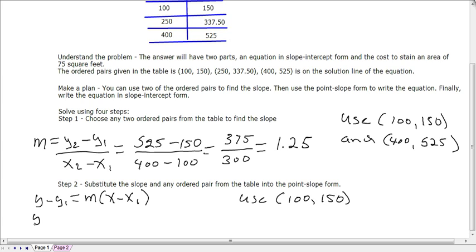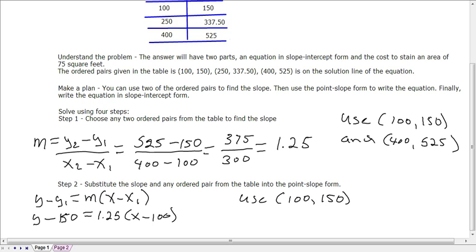Let's substitute here: y minus 150, and I'm just pulling the ordered pair, is equal to our slope 1.25 times x minus 100. That's what we're going to substitute here. So we've created our point slope form from the information that we were given.